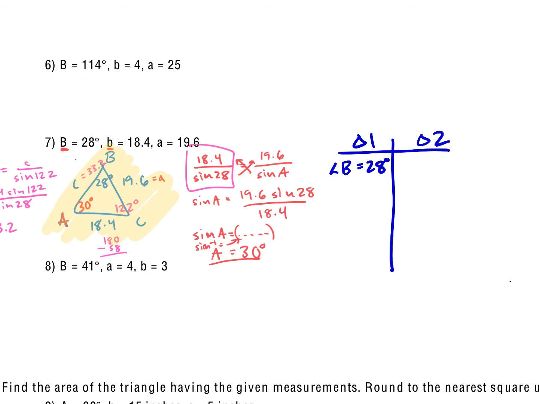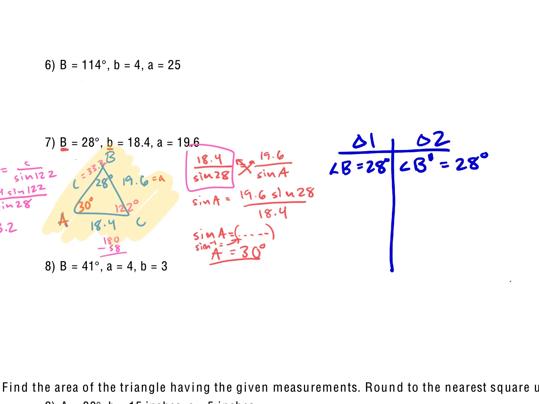So that's going to be the same in triangle 2. Angle B, I'll call it angle B prime, is 28 degrees. Just a little prime, so it's different than original angle B. You can put little superscripts if you want to tell the difference that way, or subscripts, like B1, B2, you can do that too.